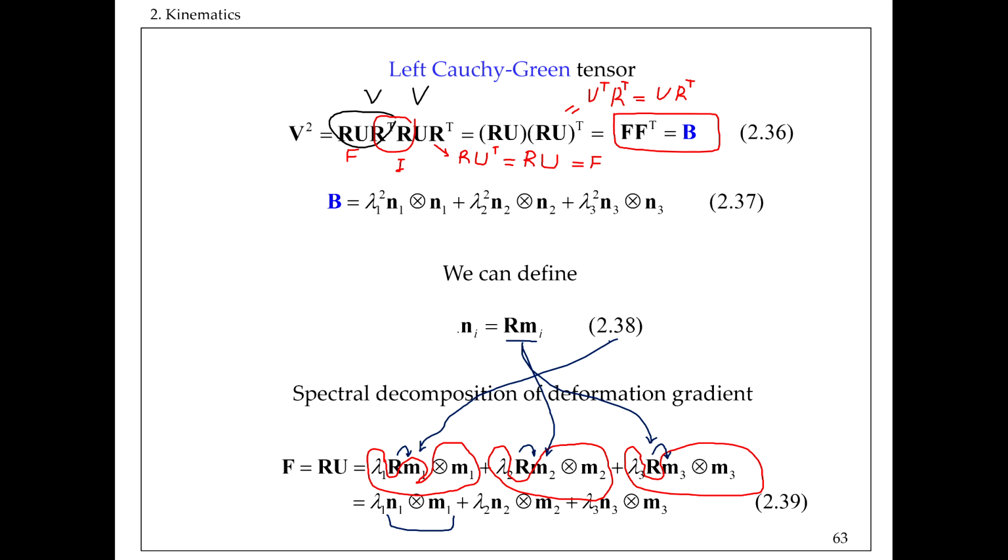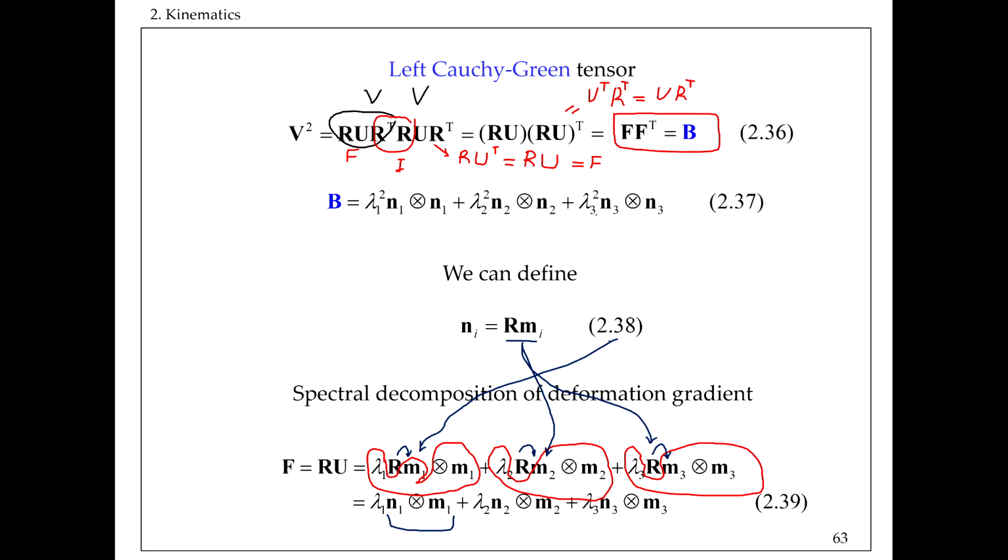Whereas again, going back to, for example, our left Cauchy-Green tensor, the spectral decomposition clearly is written based on the principal directions or eigenvectors in the deformed configuration.